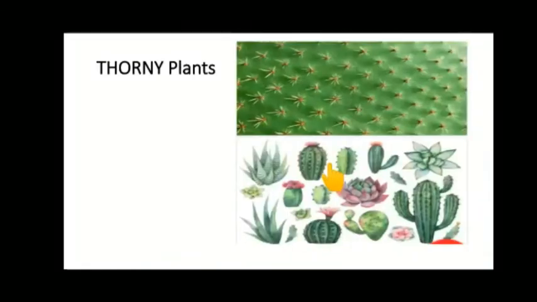Another type of plant: thorny plants. Some plants have thorns like needles. Animals don't eat such plants because they cause some damage to the animal's mouth.